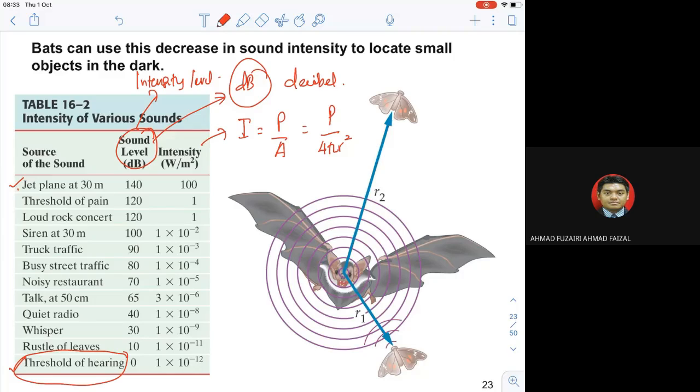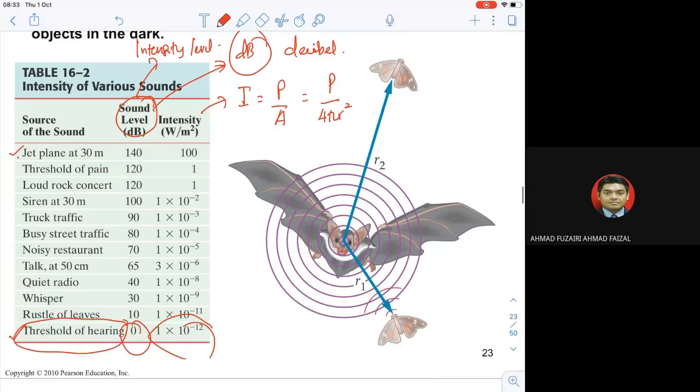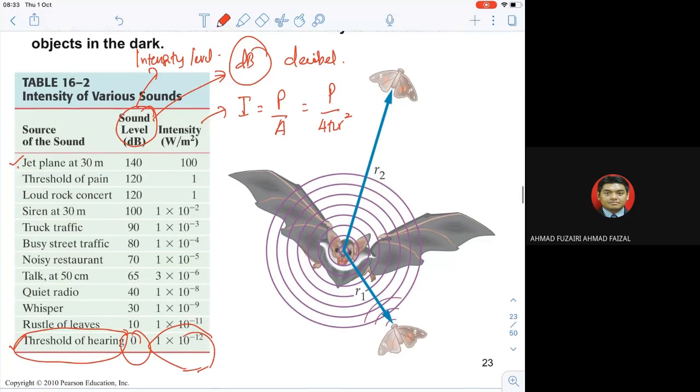Look at the decibel, 0, but the intensity is 1 times 10 power of negative 12. This is almost always tested in past years' final examinations. So at least you have to know what the threshold of hearing is.